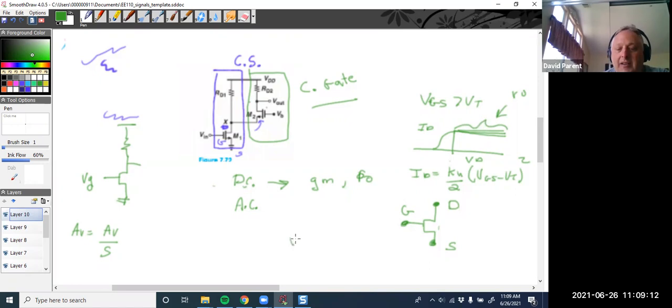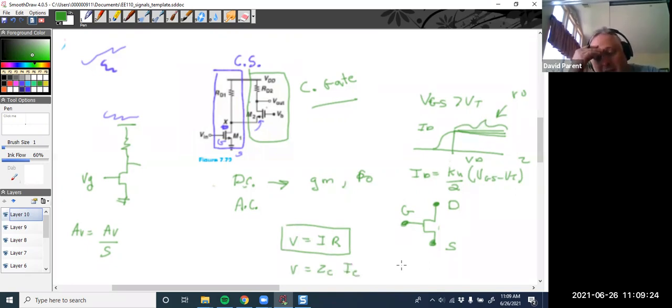So, V equals IR for a resistor, or V equals what? ZC times IC, or ZL times IL, right? Those are all these linear terms that you're familiar with. These terms, transconductance and resistance here, they all change depending on where you are on that curve, okay?